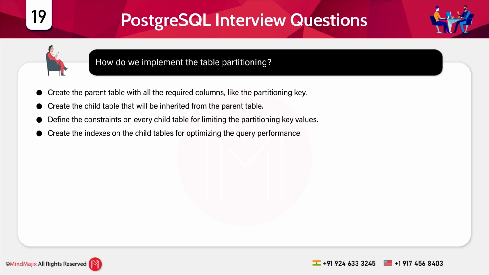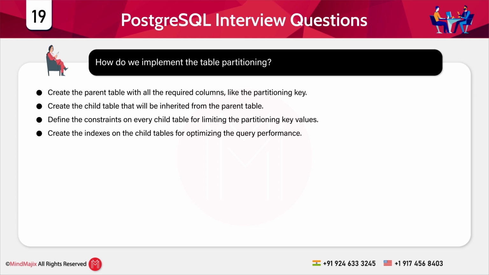The first step is to create the parent table with all of the required columns, including the partitioning key. The second step is to create the child tables that will inherit from the parent table. Every child table represents a particular partition of the parent table. The third step is to define constraints on every child table for limiting the partitioning key values.